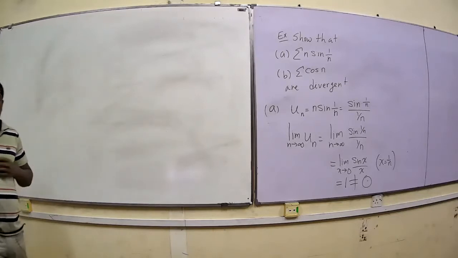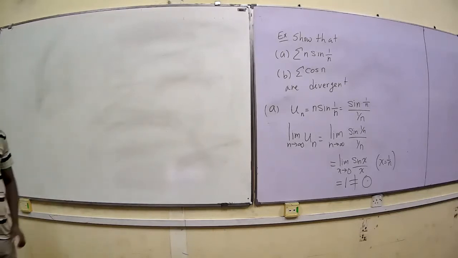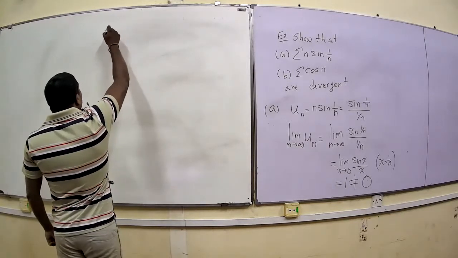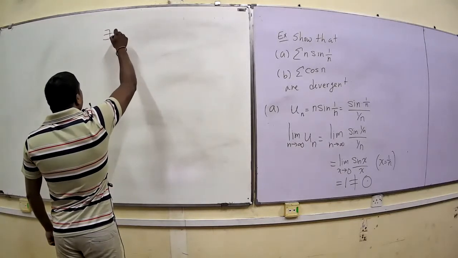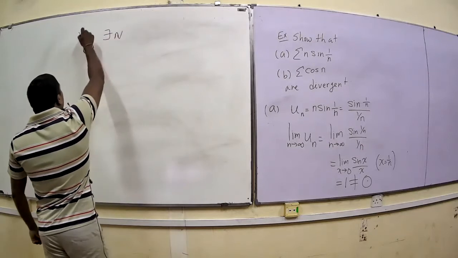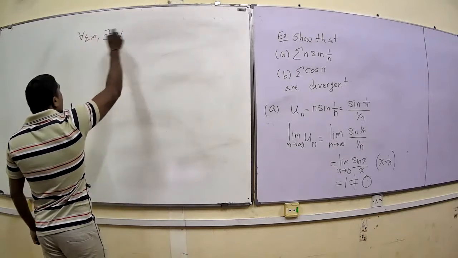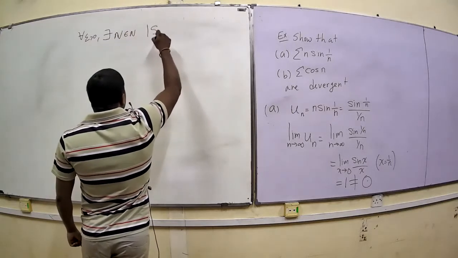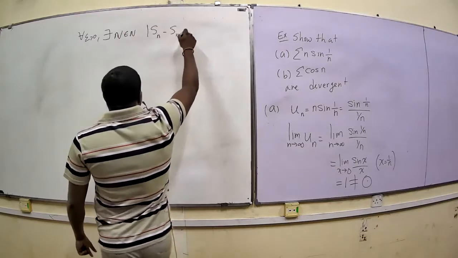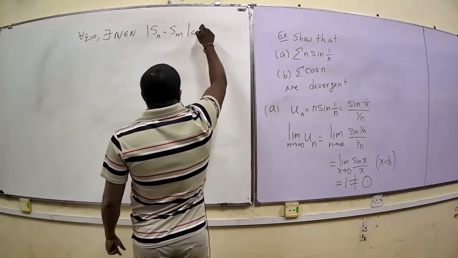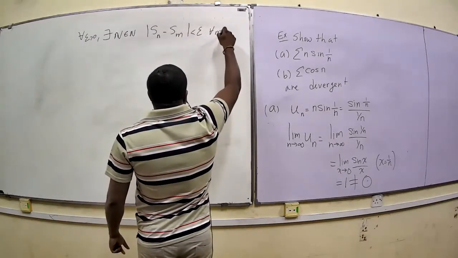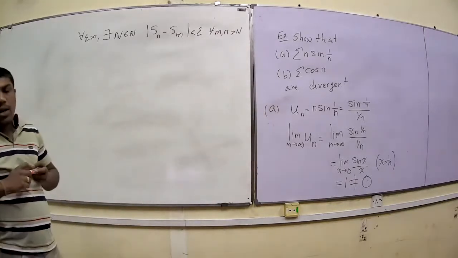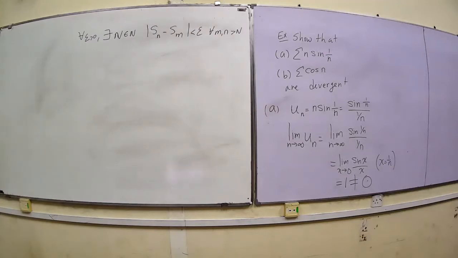You know this: for every epsilon positive, there exists capital N belonging to the natural numbers such that S_n minus S_m is less than epsilon for all m, n greater than N. This is the Cauchy condition for the sequence.